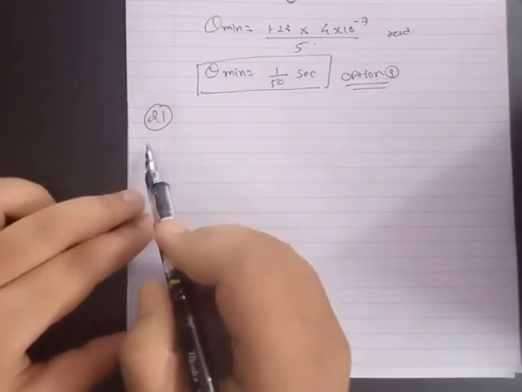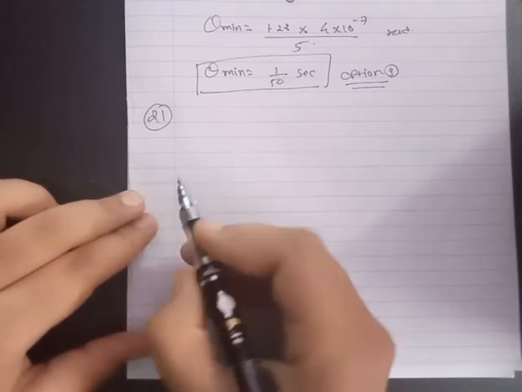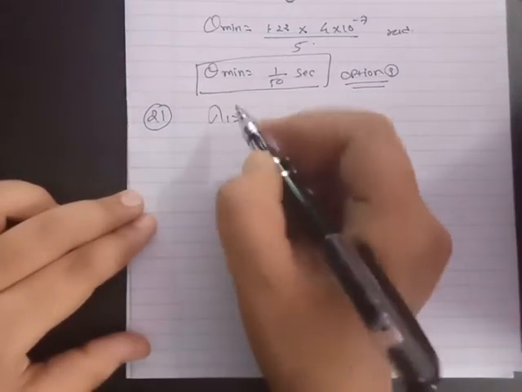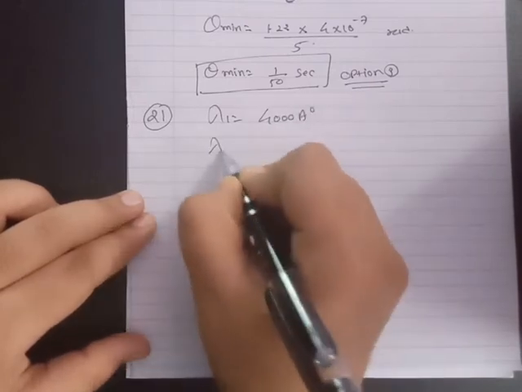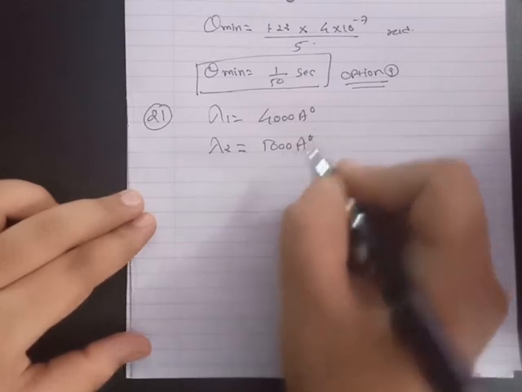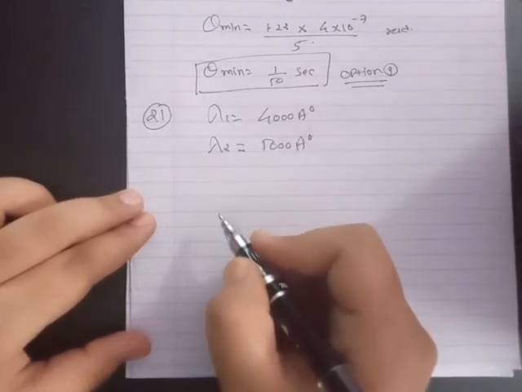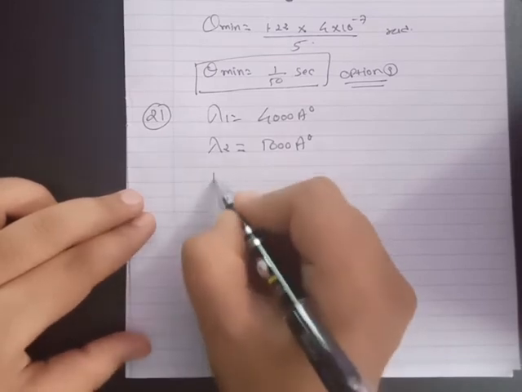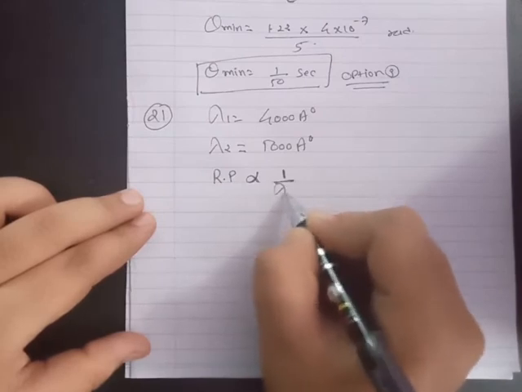In question number 21, the wavelengths of light used in an optical instrument are lambda 1 is equal to 4000 angstrom and lambda 2 is equal to 5000 angstrom. We want to find the ratio of the respective resolving powers. The resolving power is inversely proportional to lambda.